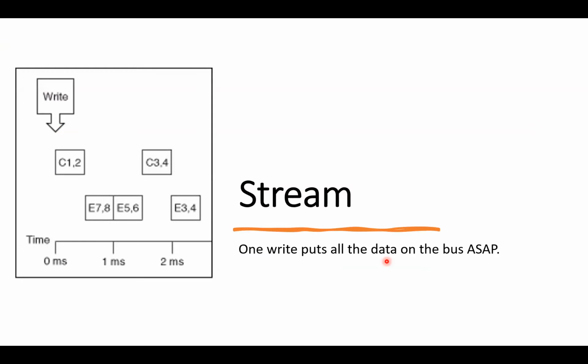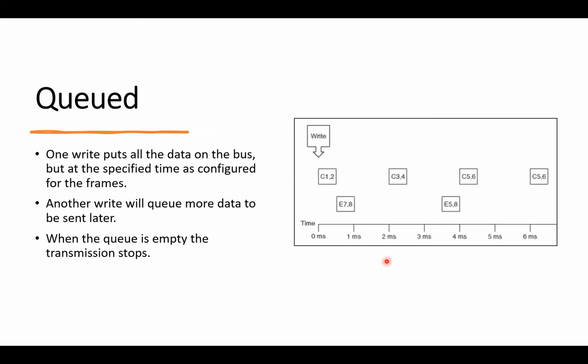When we talk about stream, one write puts the data onto the bus monitor as soon as possible. Basically, it means once the ECU writes the data on the bus, whatever is written will be on the bus, and earlier data will be lost. When it is queued, we can put data one by one at a specific time.